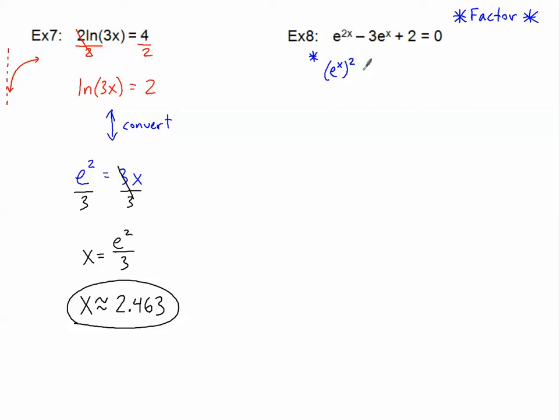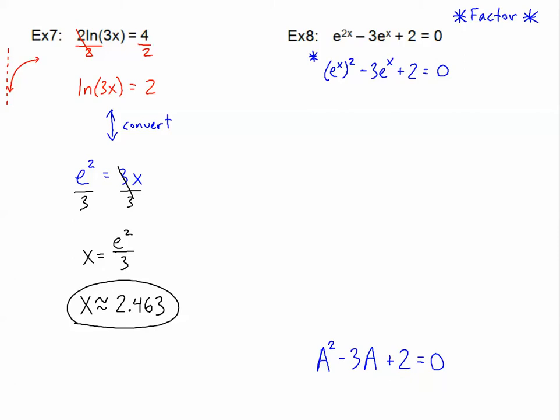But if I write it as e to the x squared minus 3 e to the x plus 2 is equal to 0, this basically follows a quadratic pattern. The quadratic pattern is something squared, minus 3 of those same somethings, plus 2 is equal to 0. This is a quadratic that I know how to factor.